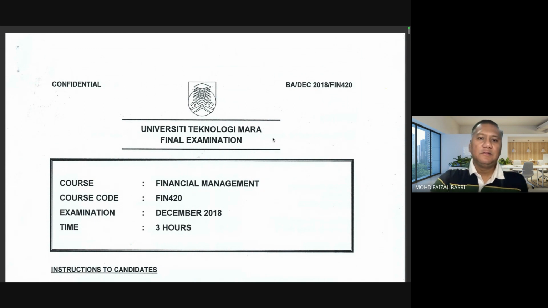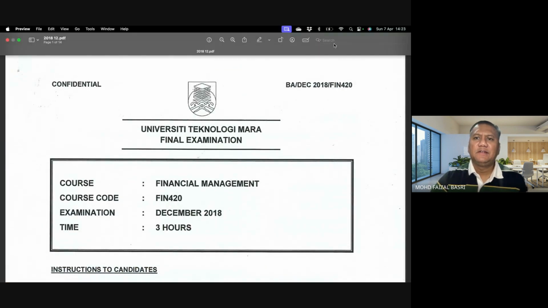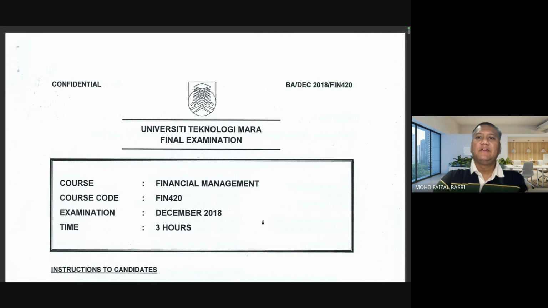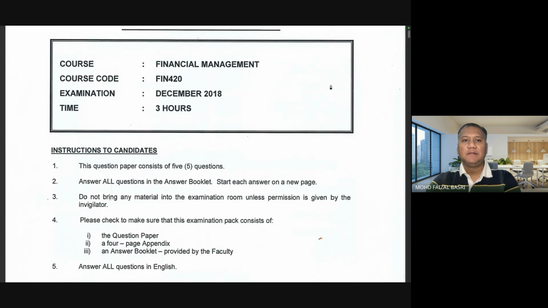Okay, Disember 2018 adalah semester terakhir yang ada final exam. So we don't have example anymore. Kalau nak cari past year lah, we don't have any recent ones. So this is the only final year yang kita ada. Okay, December 2018. So this is the last one yang kita gunakan untuk final exam.